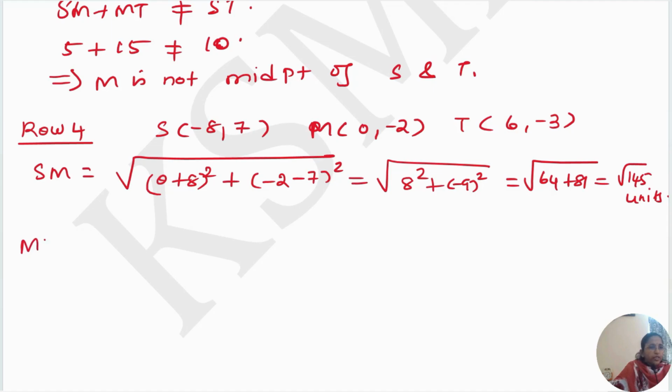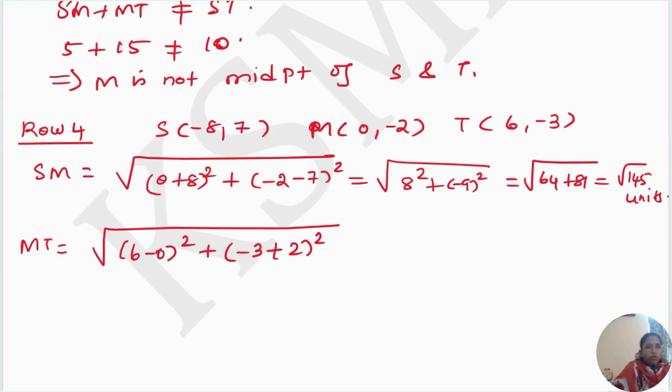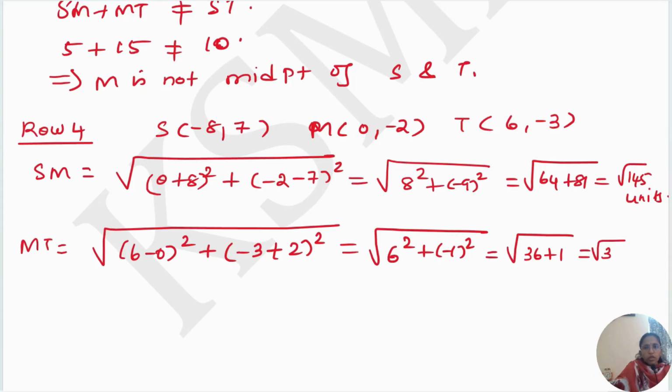And MT calculation: root of (6 minus 0) the whole square plus (minus 3 minus of minus 2) the whole square. So root of 6 square plus (minus 1) the whole square. So 36 plus 1, so root 37 units.